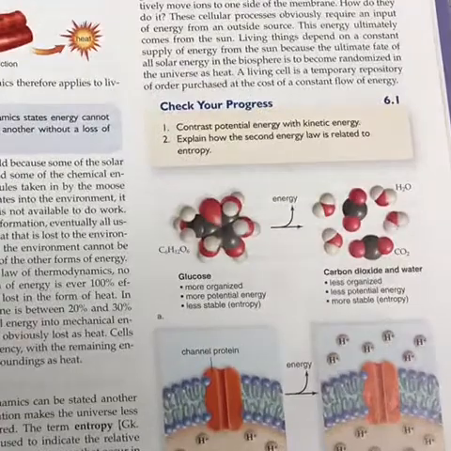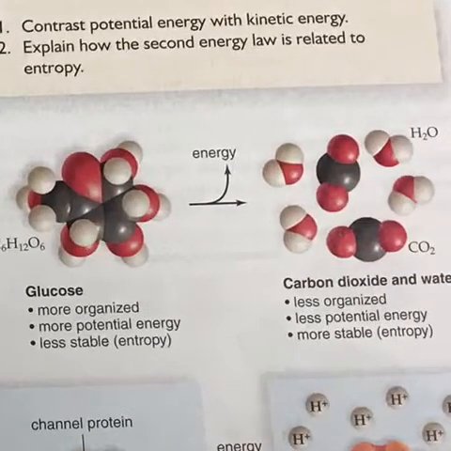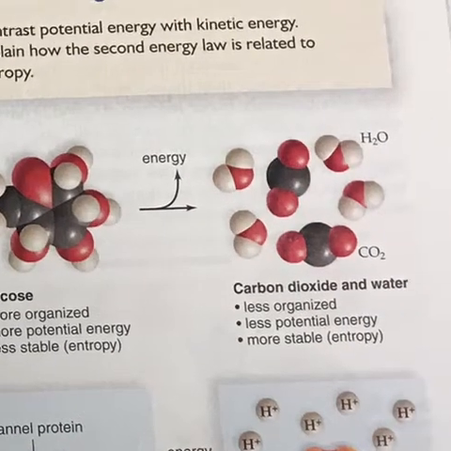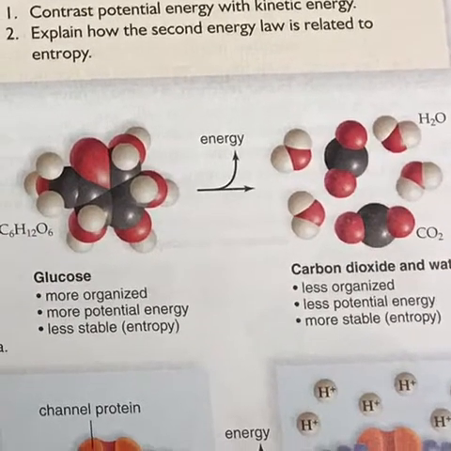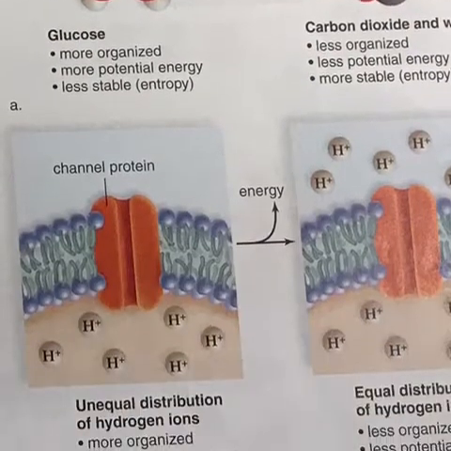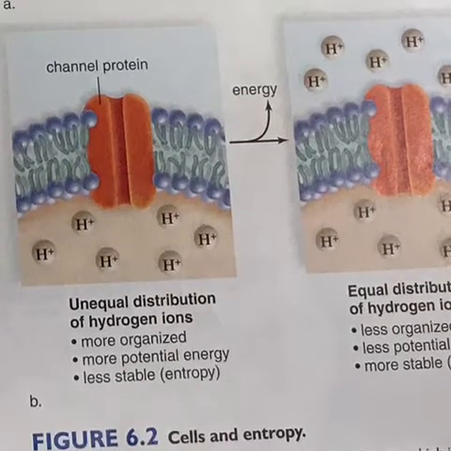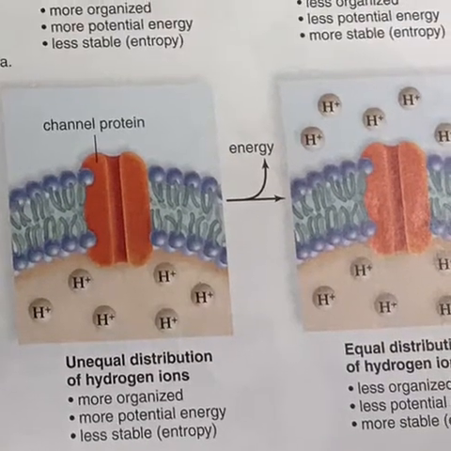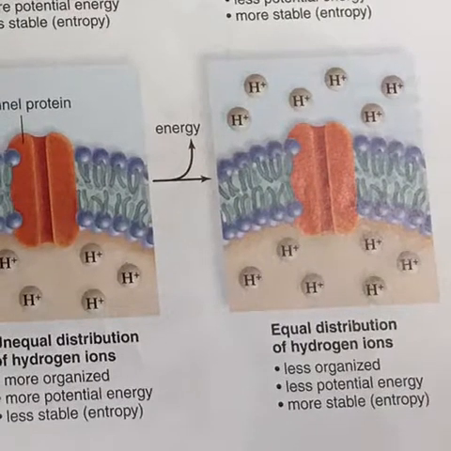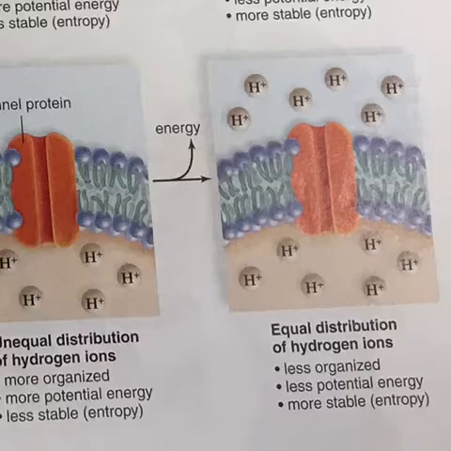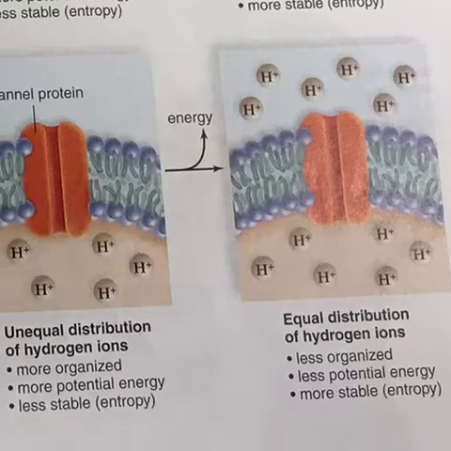Also, looking at the figures, we see glucose is far more organized than carbon dioxide, which is less organized. And the channel proteins in the cell membrane show an unequal distribution of hydrogen ions. So an equal distribution leads to more entropy, and more stability, in the cell.